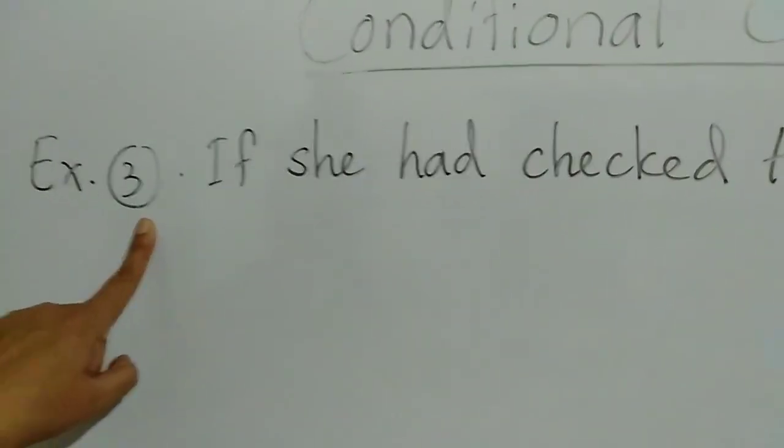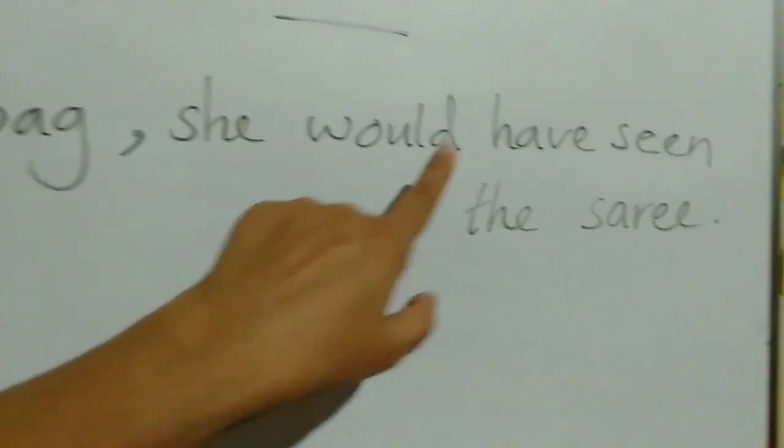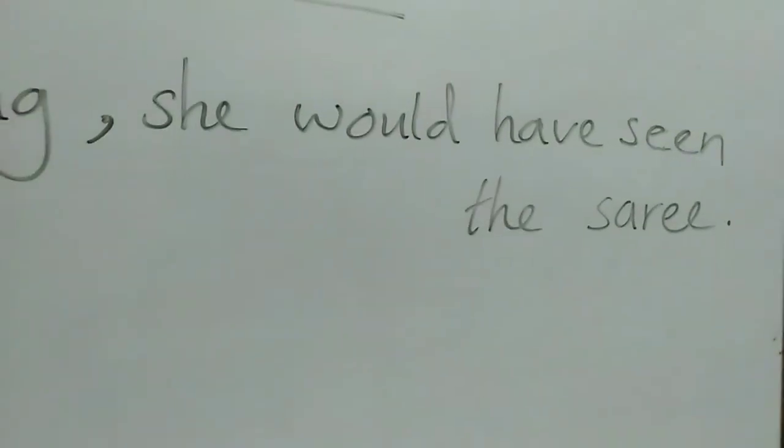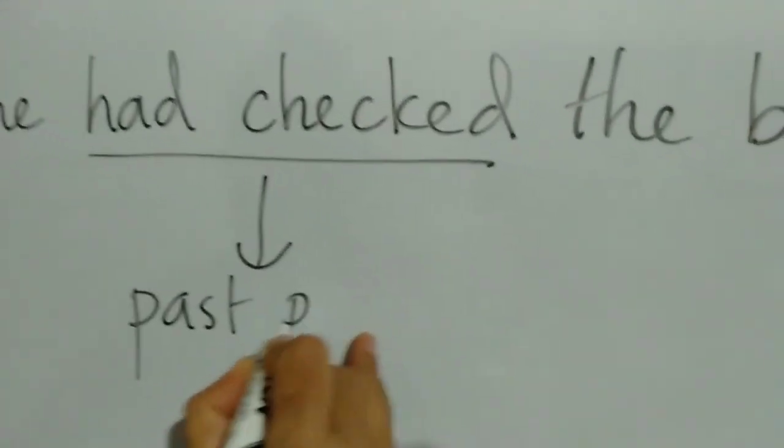Now the third example, let's see. If she had checked the bag, she would have seen the sari. See the verbs. Had checked, past perfect tense.